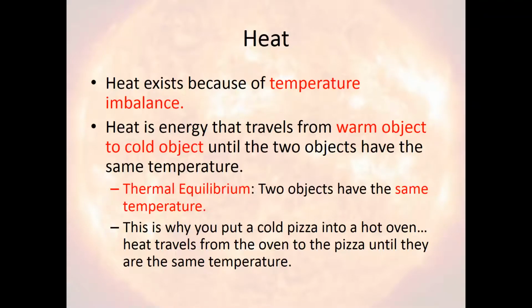Well, since Mother Nature hates imbalance, heat transfers from that hot air to that cold pizza. And heat continues to transfer until one of two things happens. Either the two objects reach the same temperature, so the pizza becomes as hot as the air. In this case, you're going to have a very burnt pizza, depending on how high your oven setting is.